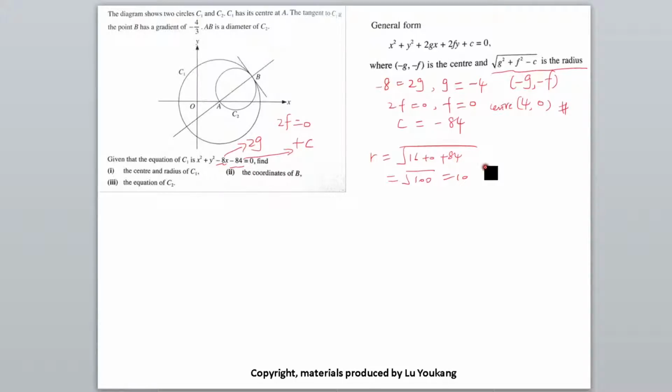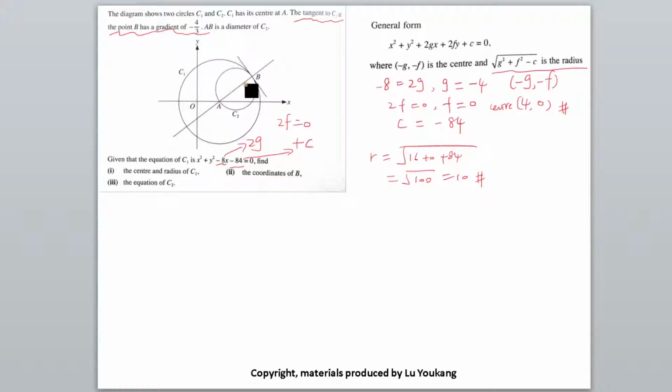What information do we have to find the coordinates of B? We are told that the tangent to C1 at the point B has a gradient of minus 4 over 3. Let's make use of this information. By the way, B lies on the circumference of circle C1.